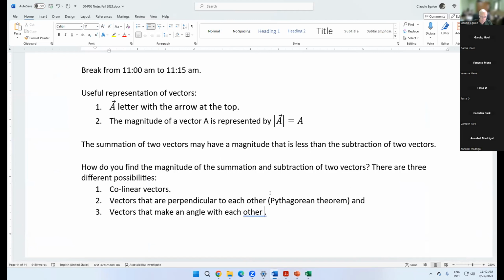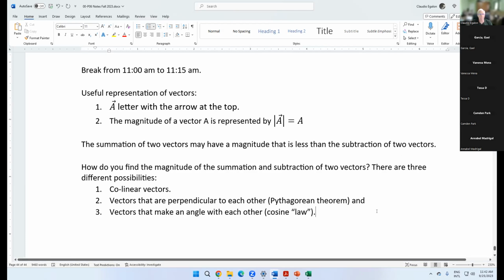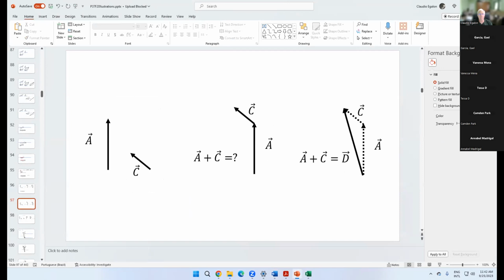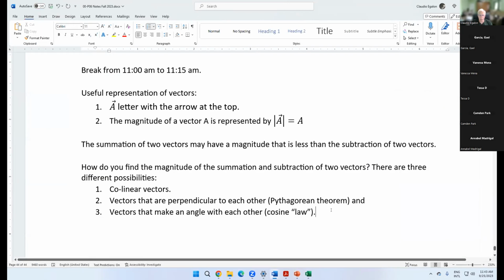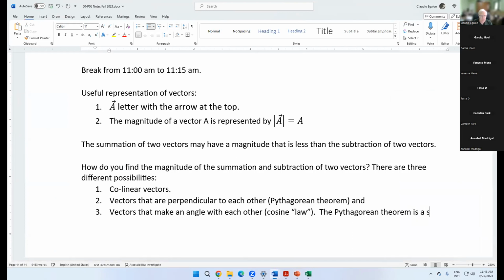Whereas in this case, you use the cosine law. This law is not difficult to memorize. Don't forget, the Pythagorean theorem is a special case of the cosine law.